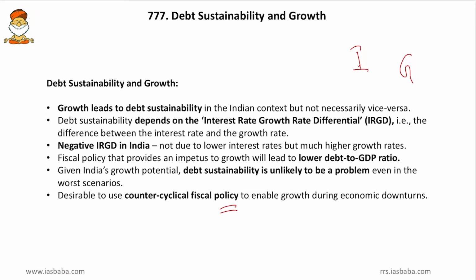If the economy is going into recession, we have to take a counter-cyclical path, that is, spend more and more. This justifies the dovish monetary policy taken up by the RBI. Despite the increase in inflation, RBI is keeping a dovish monetary policy, and this is the justification given by the Economic Survey. So this is all about debt sustainability and growth.